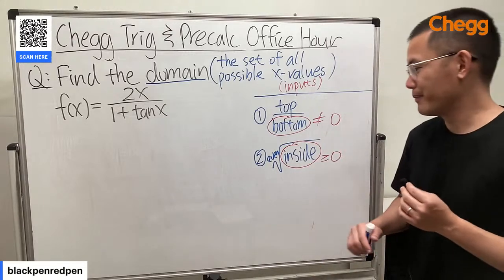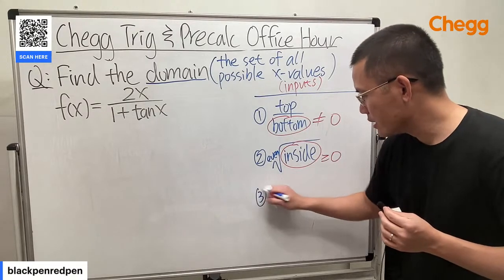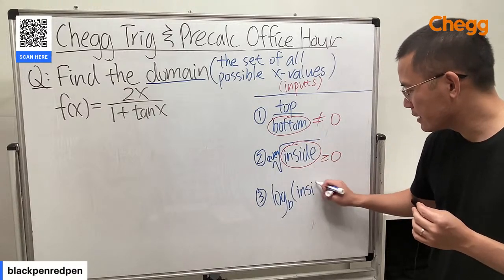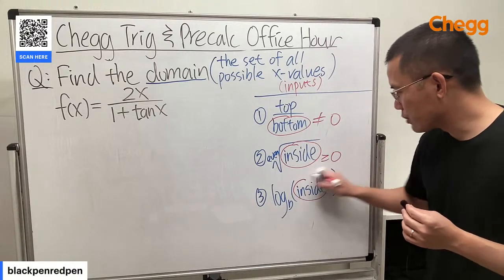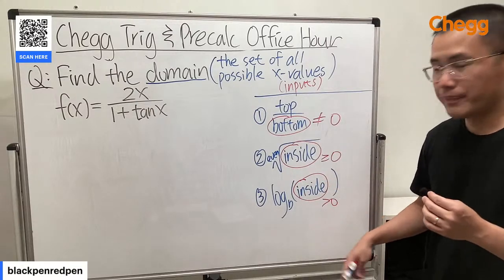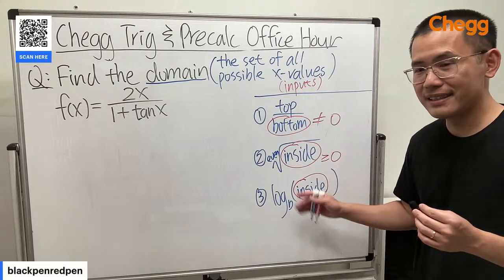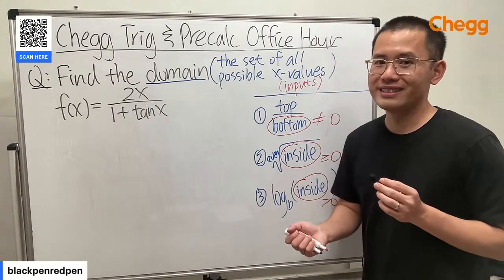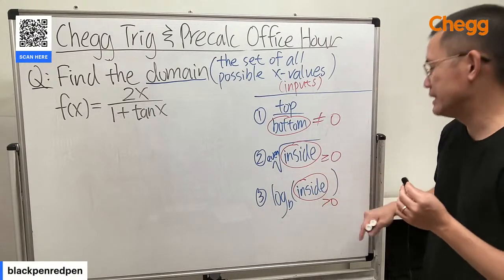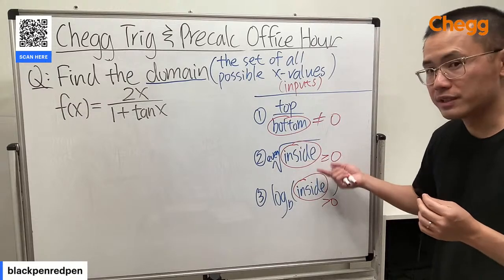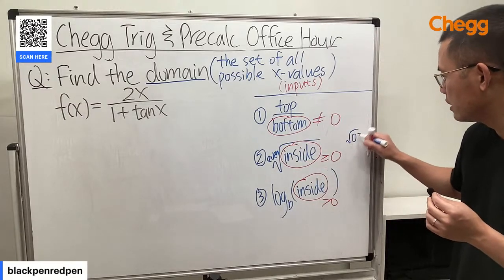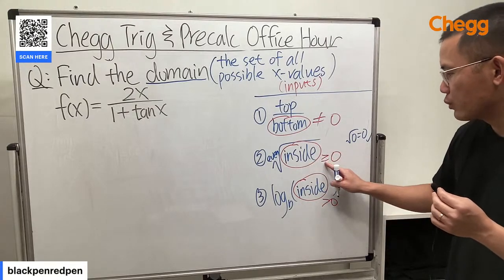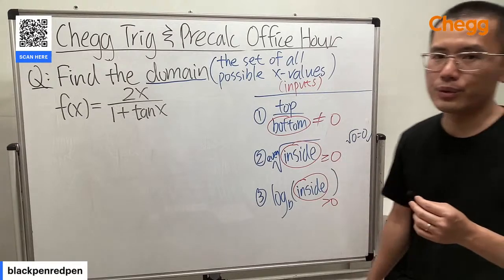But with this one, no. Lastly, the third one is if you have a logarithm of any base, make sure the expression inside is greater than 0, because log of 0 is not defined. You have to have log of a positive number in order to end up with a real result. So it's kind of similar to the square root, but that one has equal because square root of 0 is okay. But log of 0 is not okay. So that's why it's just greater than 0, and not equal to 0.